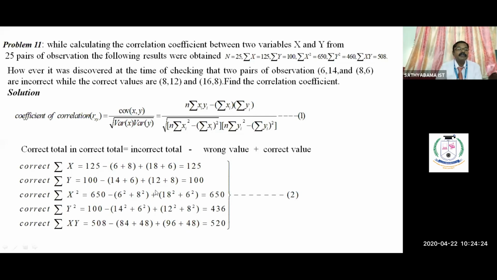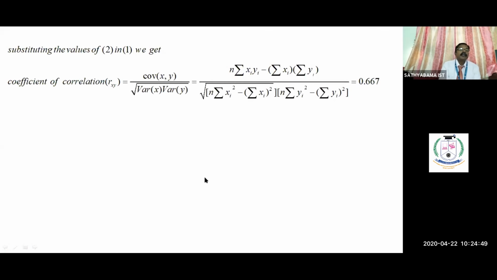When you substitute these corrected values, that is substituting 2 in 1, we have to calculate the correlation coefficient for this case. We substitute 2 in 1 for all the corrected sigma x, sigma y, and we get the value.